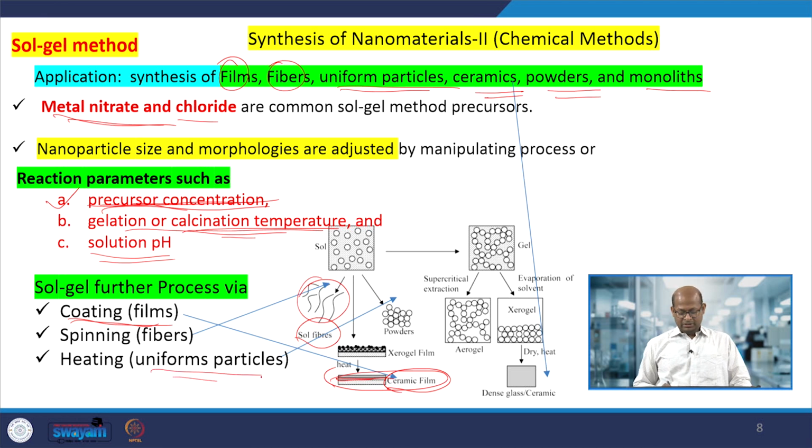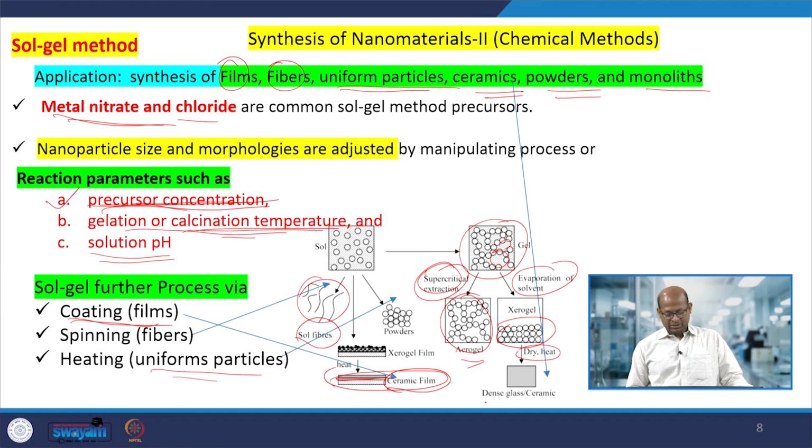Or we can use supercritical extraction: once the gel formation is there, the polymeric liquid inside the gel can be removed by supercritical extraction, and then that would be aerogels. Or else, by normal conventional evaporation, xerogel formation is there, and after that if we dry or heat up, then metal oxides would form. Or else, from that solution directly we can also make powders.